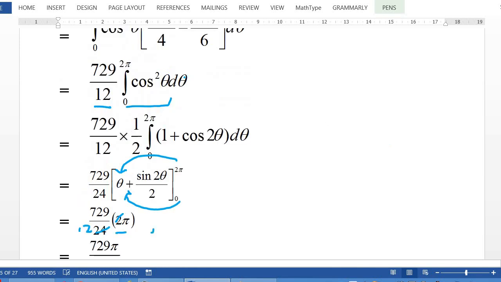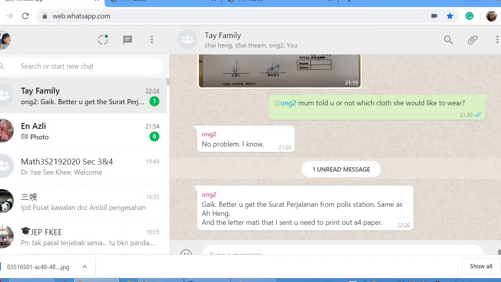In case you don't know how to change cos squared theta to half of 1 plus cos 2 theta, you can also use your scientific calculator to integrate it. Let's see. Open the scientific calculator back.